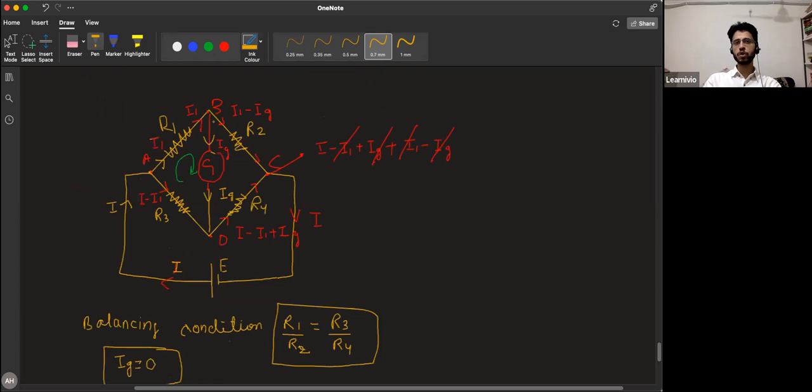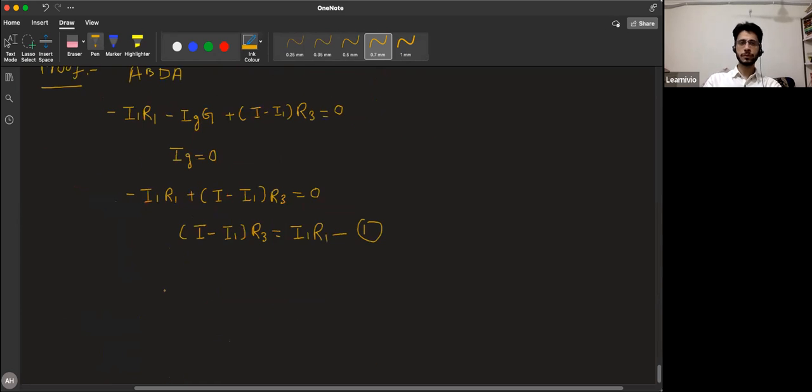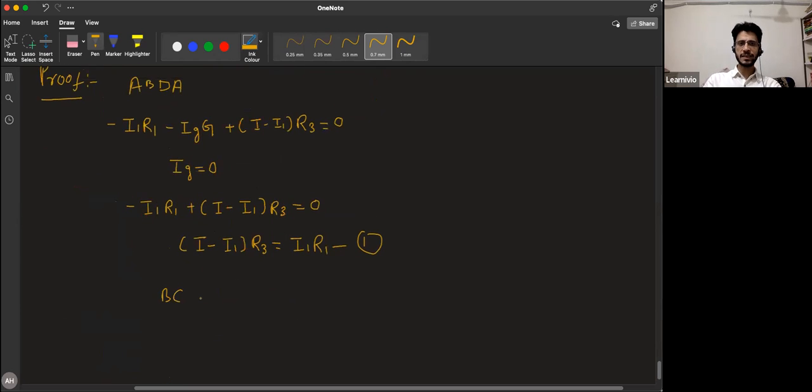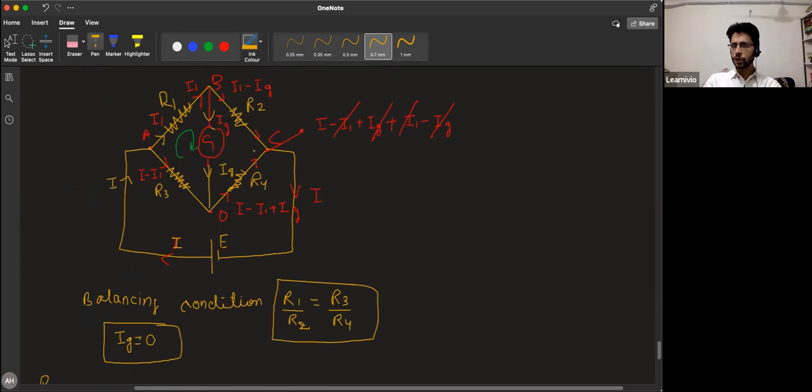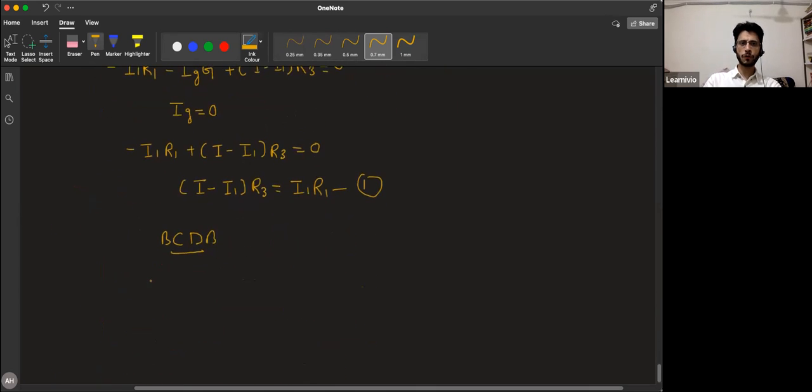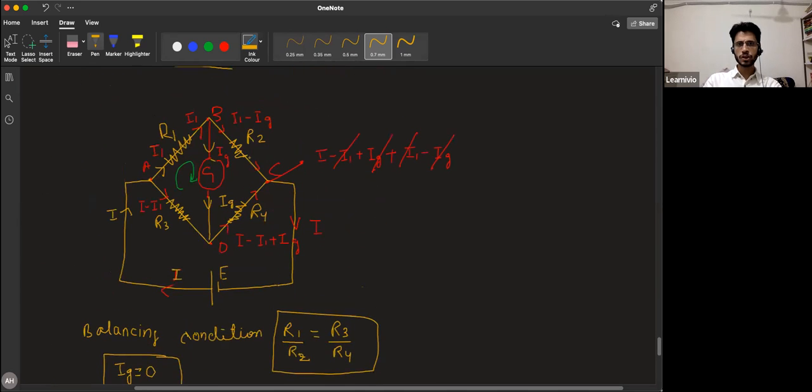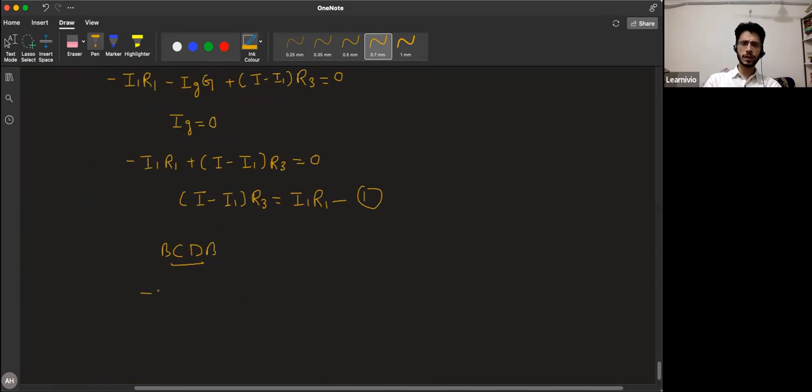Similarly, you can choose this loop BCDB. When we go from B to C, you are going in the direction of current. So voltage will be positive or negative? Negative. So it's minus of resistance R2, current is I1 minus Ig, minus of I1 minus Ig multiplied by R2.